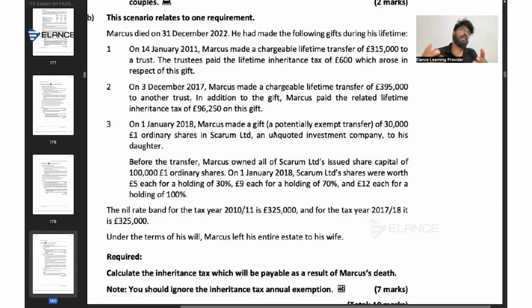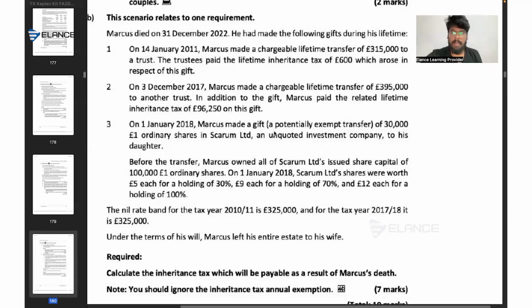The trust is getting more benefit: it is getting the asset, and the trustee is not paying any tax. The trustee is getting two benefits, the assets and the tax benefit, because the donor is paying the tax. So the amount the donor paid as tax at the time of making the CLT will be added to the chargeable transfer.